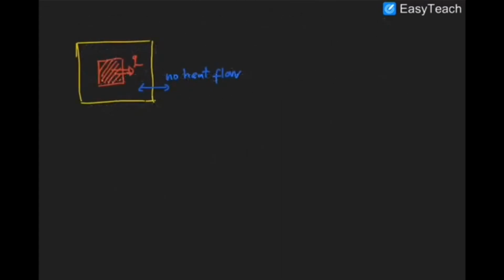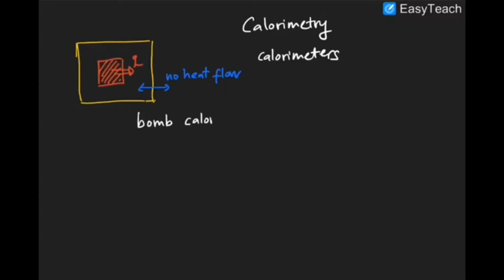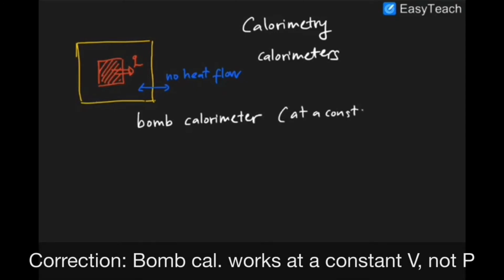The measurement of heat flow is called calorimetry. The instrument is called the calorimeter. Here's the simplified diagram of what we call the bomb calorimeter, which operates at a constant pressure.